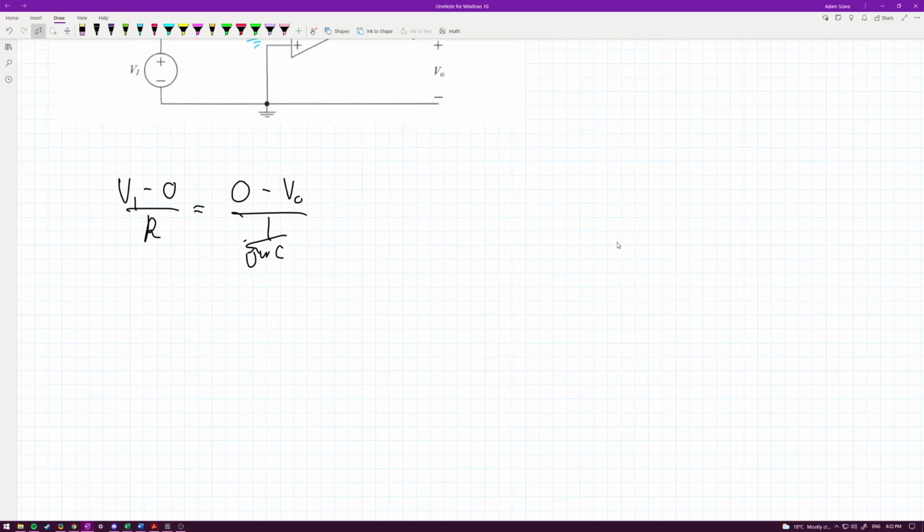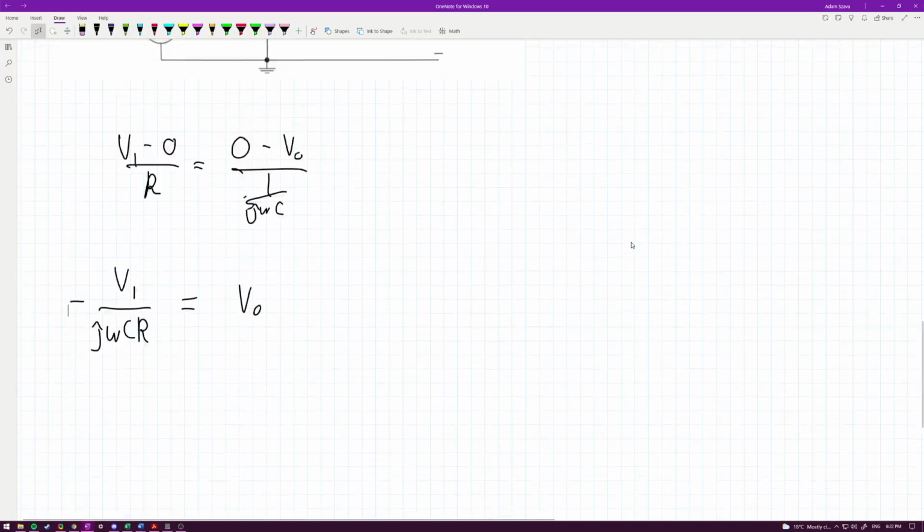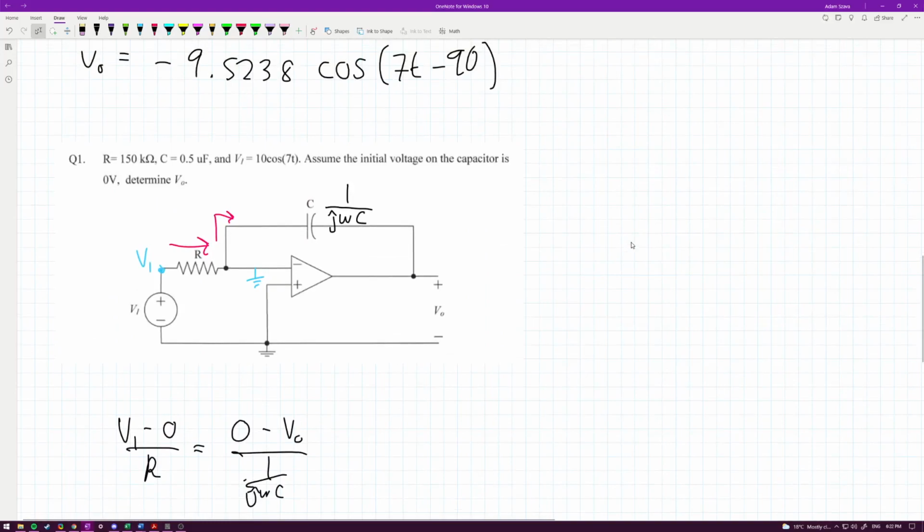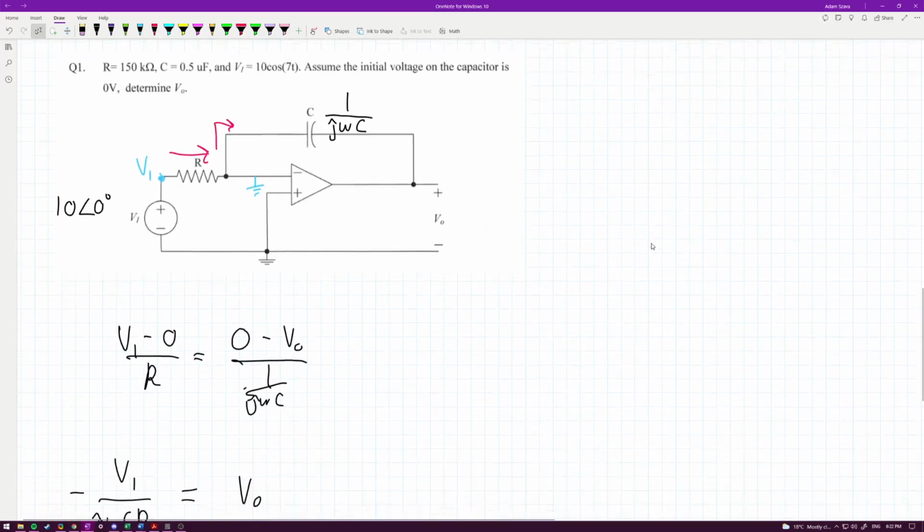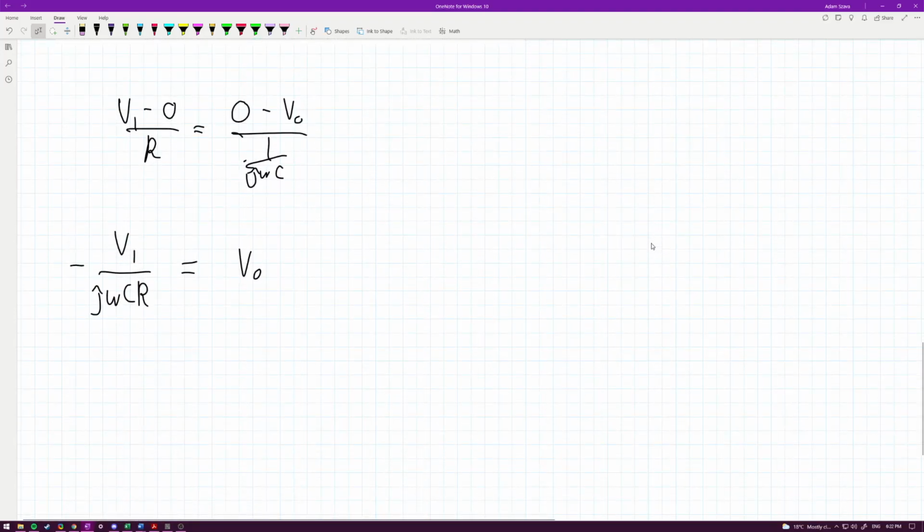So it's going to be V1 over j omega CR equals negative VO, negative to the other side. And then V1 is a cosine, so it's 10 at an angle of 0 degrees. So minus 10 at an angle of 0.